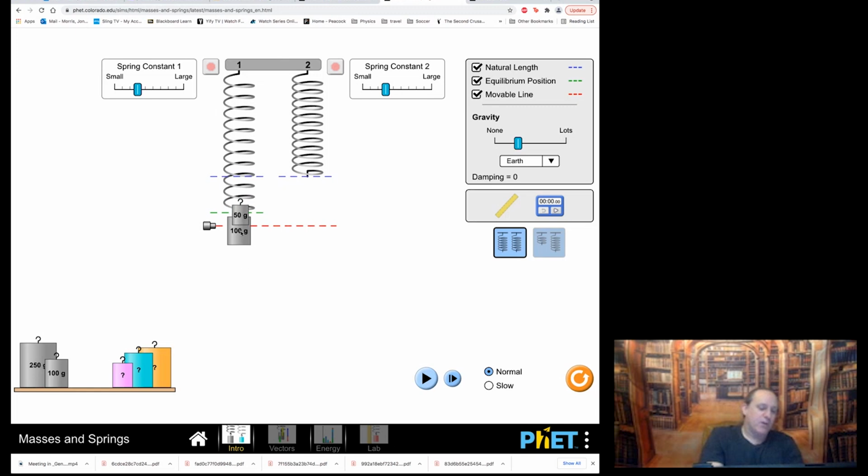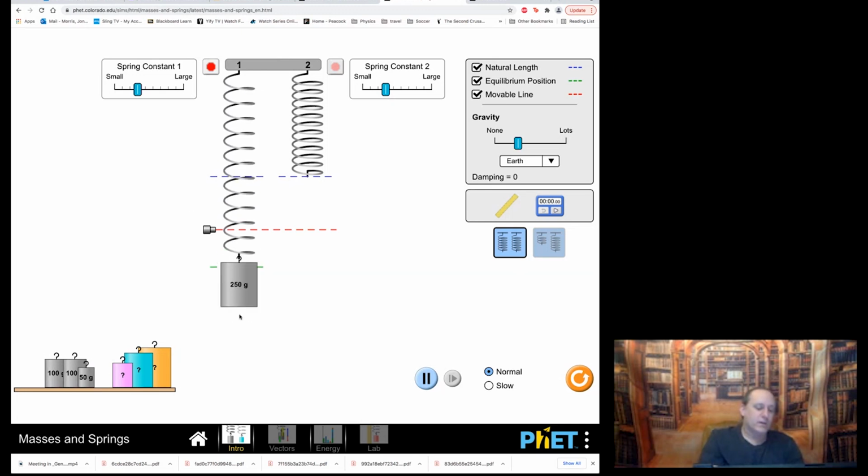So again, small mass has one equilibrium position, that's this green line terminating at the end of the spring, or if I put a new mass, I get a new equilibrium position. And an even larger mass, we get a new equilibrium position.